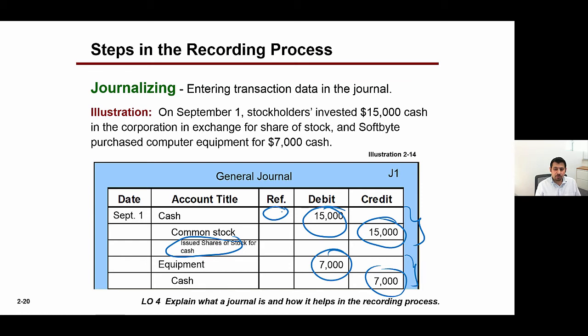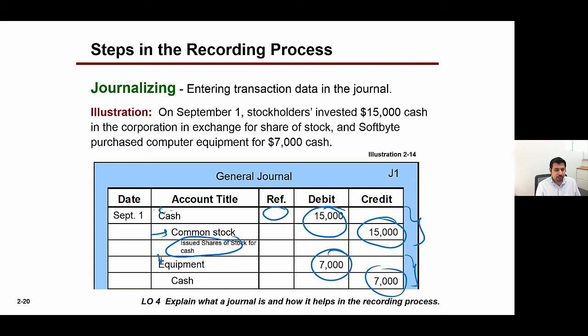Now, an important thing is, as you can see, there's this indentation here, and we always record the debit account first. This is the debit account here, and this is the debit account here, and then we indent the credit account a little bit, like common stock, or in this case cash.